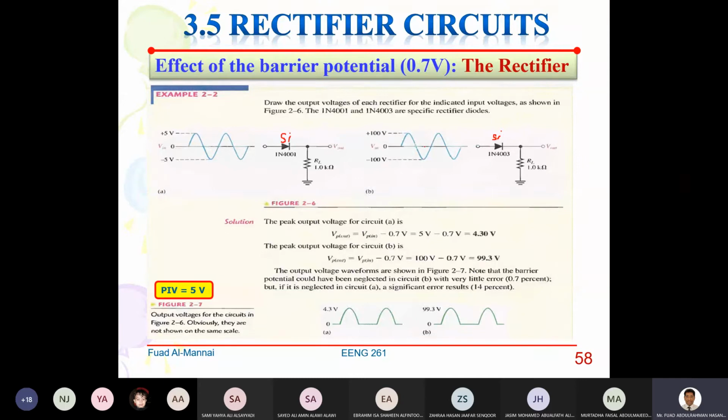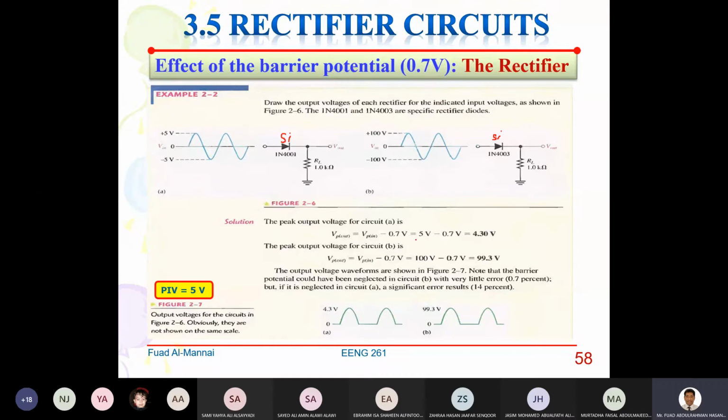Over here, the PIV for this is 100 volt. That's the PIV. So these two diodes are way above PIV 5 and PIV 100. All right. Any questions?